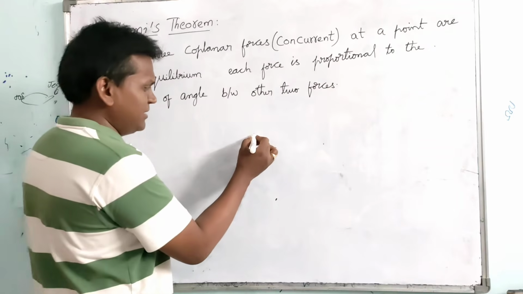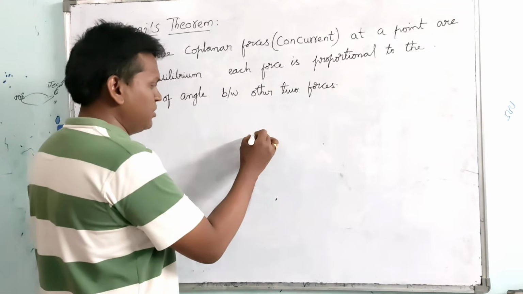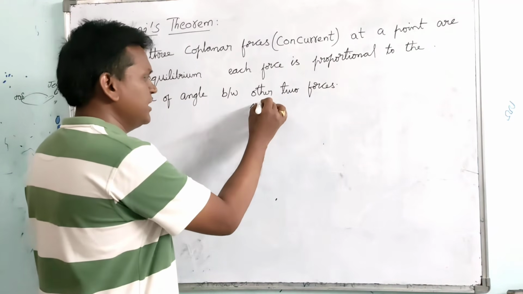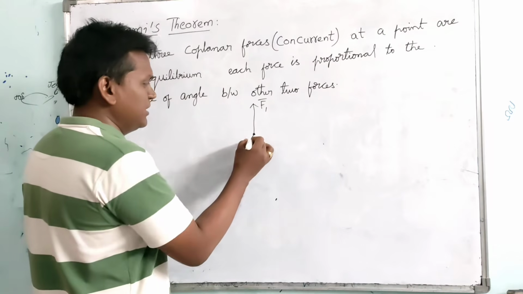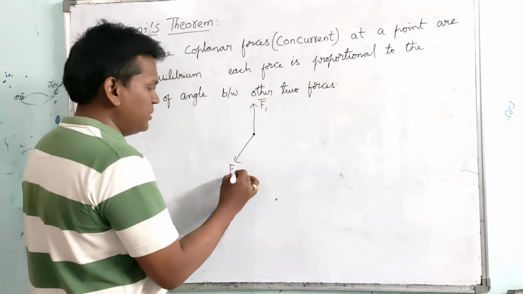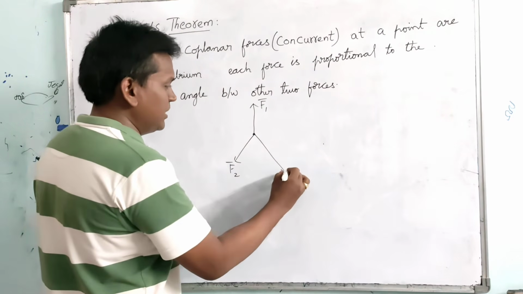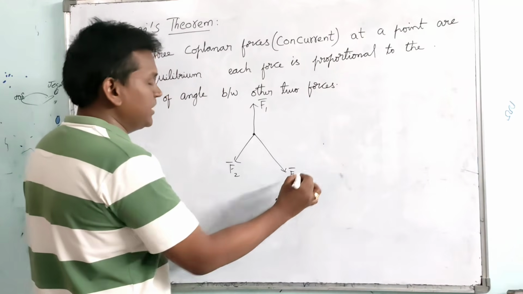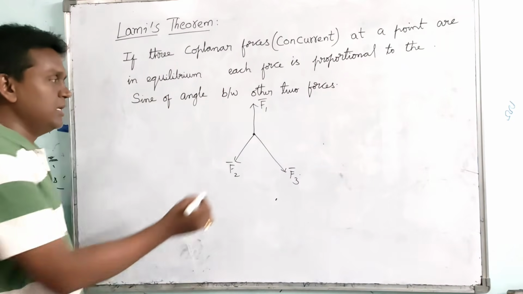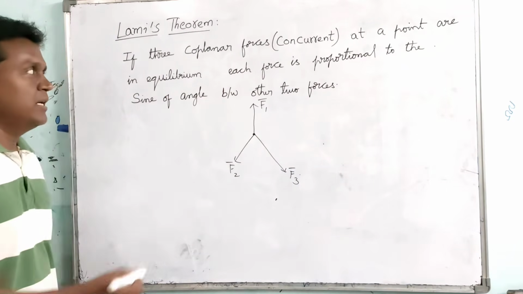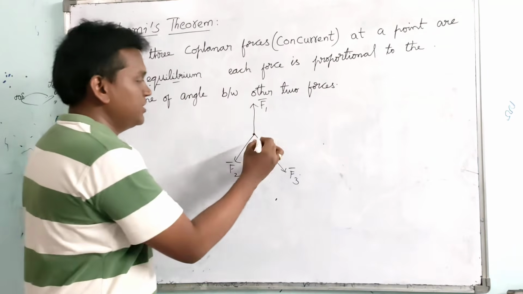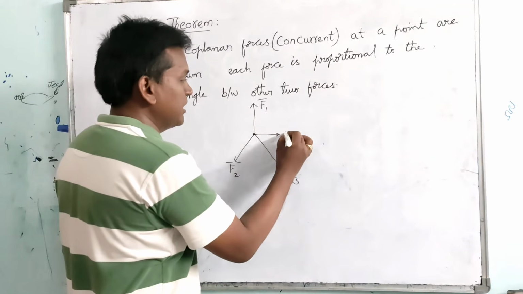So let us consider this point. On this point there is a force F1 bar, another force F2 bar, and another force F3 bar. These three forces are acting on the same point, and according to the definition, this point is in equilibrium.